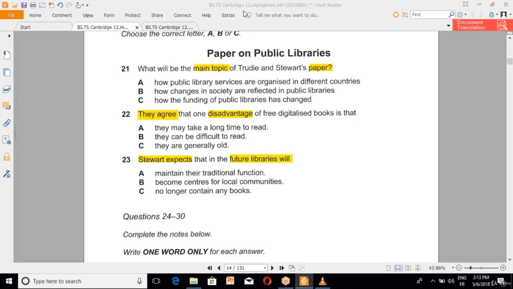Section 3. You will hear two students called Trudy and Stuart, who are both studying to be librarians, discussing a paper that they are going to write together. First, you have some time to look at questions 21 to 23.